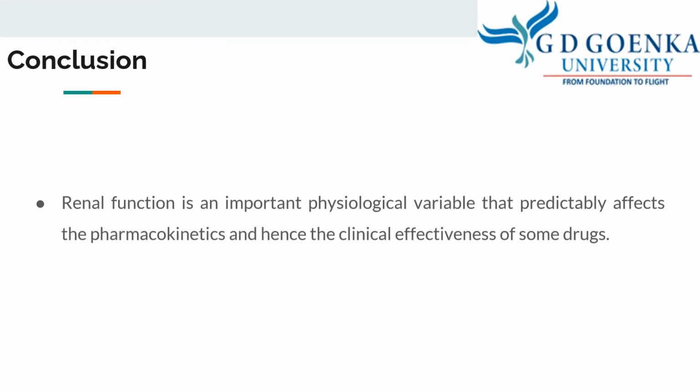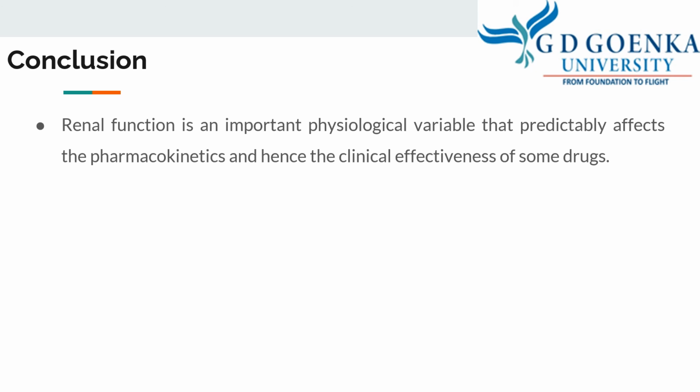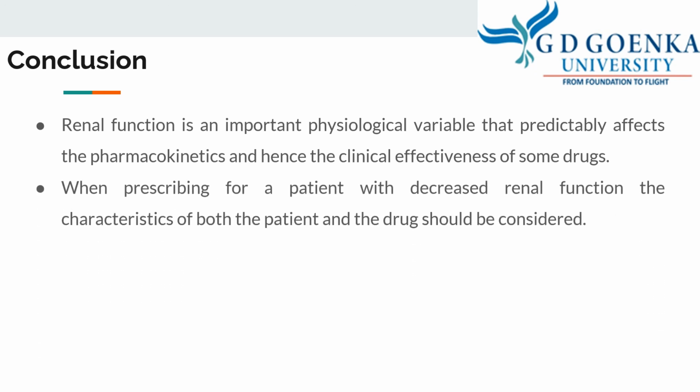That brings us to the last topic for discussion, that is, let us conclude what we studied up till now. Renal function is an important physiological variable that predictably affects the pharmacokinetics and hence the clinical effectiveness of some drugs.